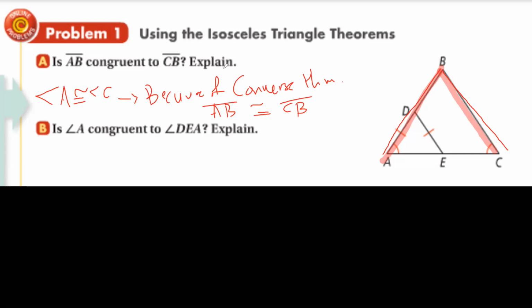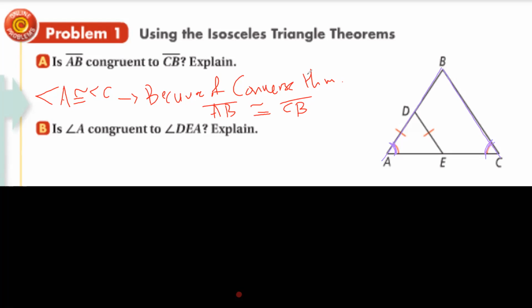Look at this yellow one here. It has an angle, and this side has this angle. Since these two angles are congruent, I can conclude that AB is congruent with CB.